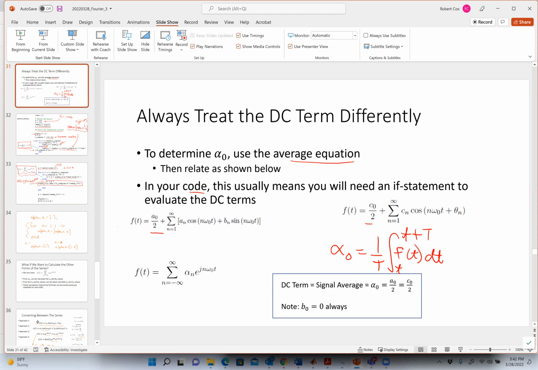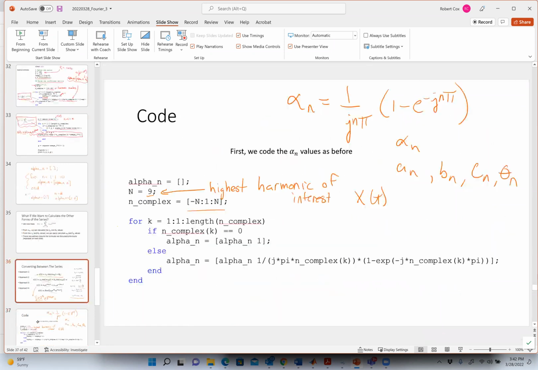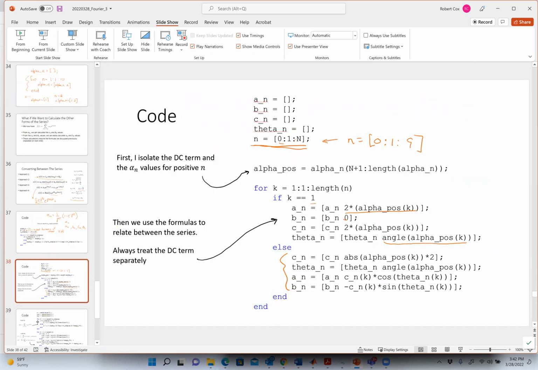And then A0 over 2, C0 over 2 are equal to that, right? So that's why I have my alpha 0 value, 2 times my alpha value, right, is what I have right there.